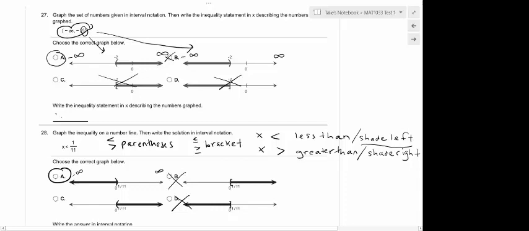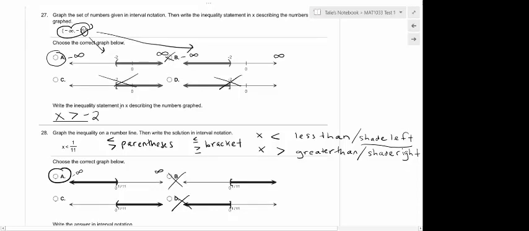You always start with x when you're doing inequalities. Since we shaded to the right, we're going to use the key we wrote down here. It's going to be x greater than -2. I did not put the little line underneath it. It's not greater than or equal to, because it was only a parenthesis at -2 and not a bracket.